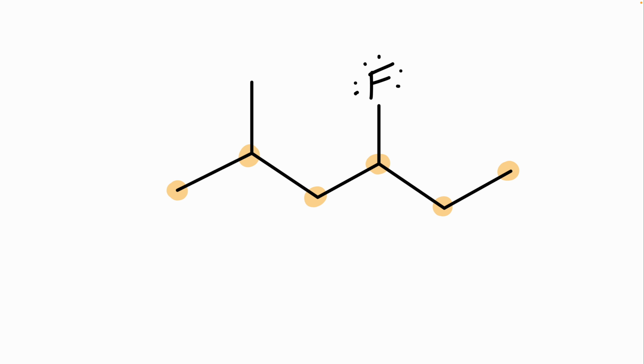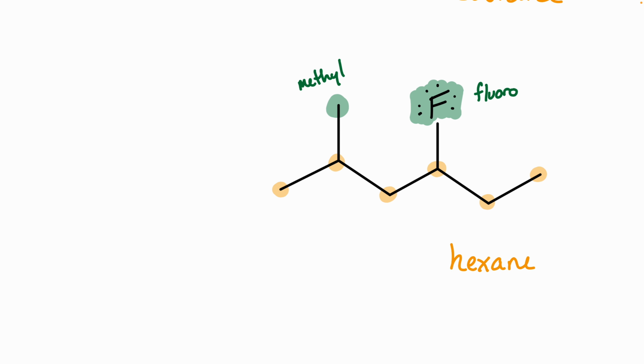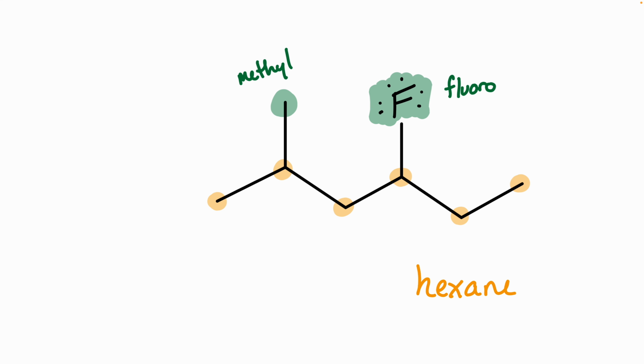So what's my parent chain? Hexane keeps that A-N-E ending. This is a substituent, specifically a methyl substituent. This is a substituent, specifically a fluoro substituent. And I'm going to number my parent chain here, 1, 2, 3, 4, 5, 6. Or I can go the other way, 1, 2, 3, 4, 5, 6.